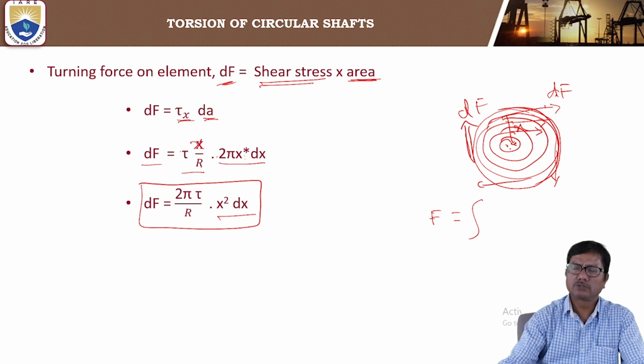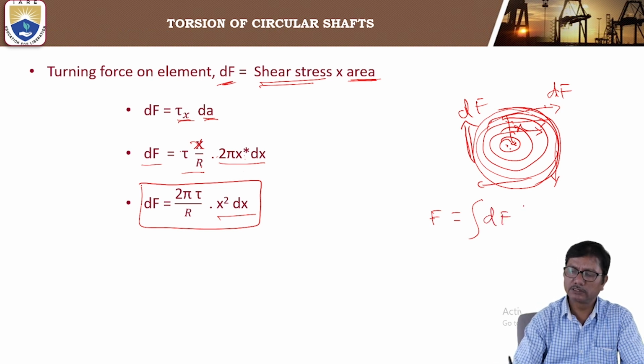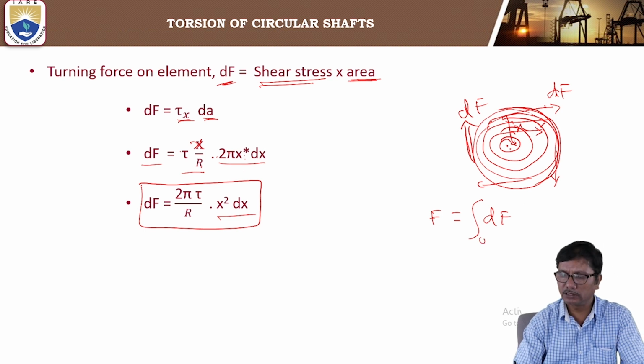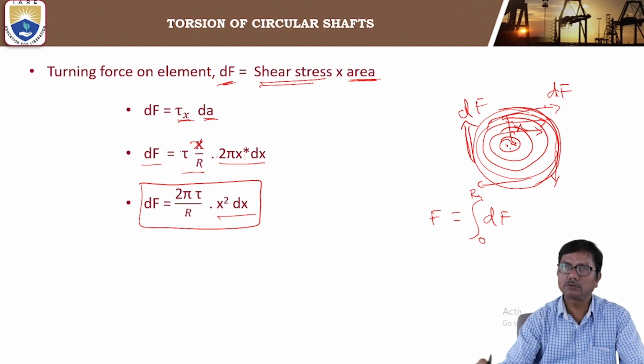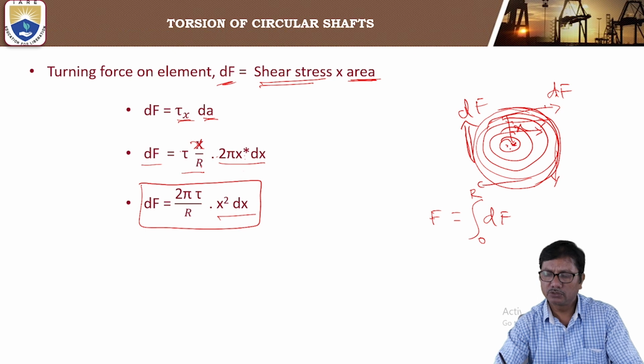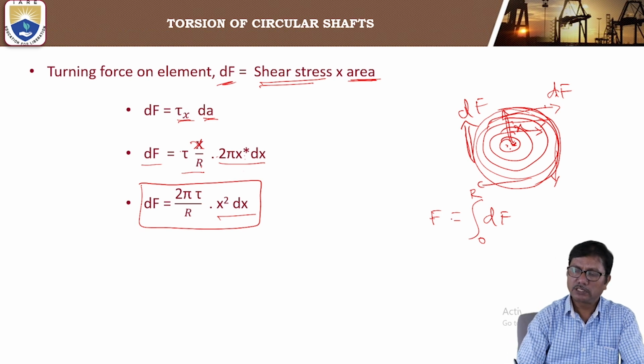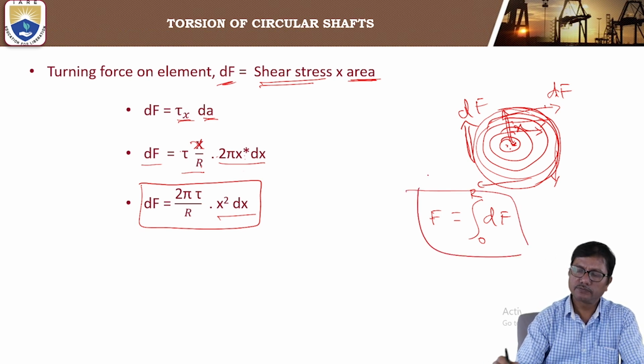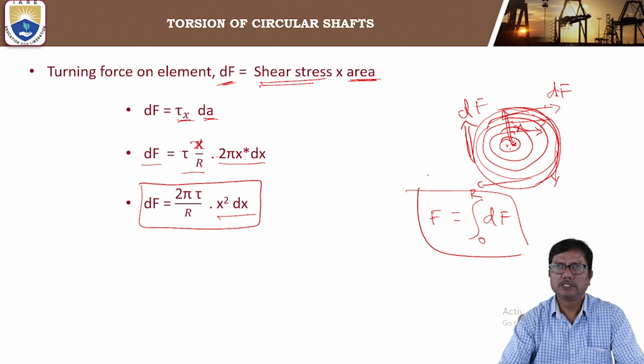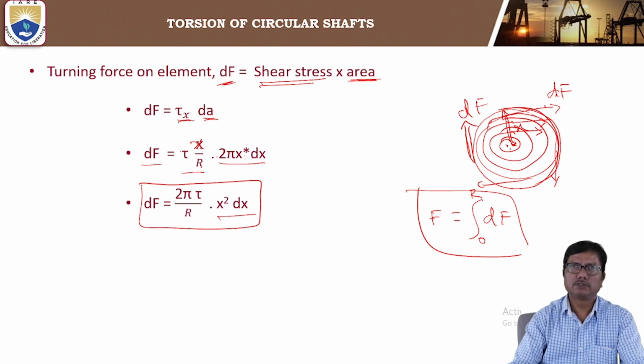Okay, so F is obtained by integrating dF between the limits 0 to r. R is the radius of shaft. So integral dF is equal to the total turning force.